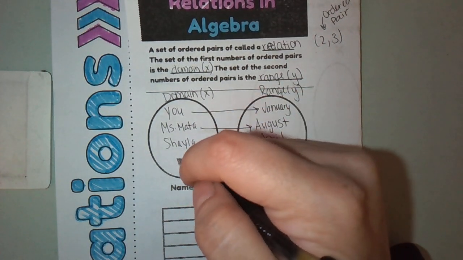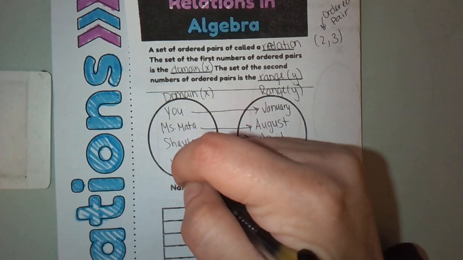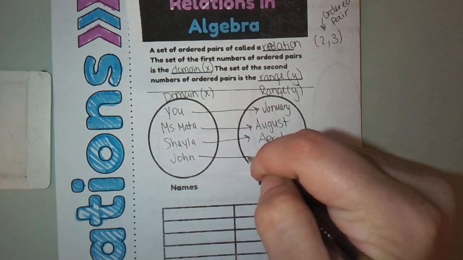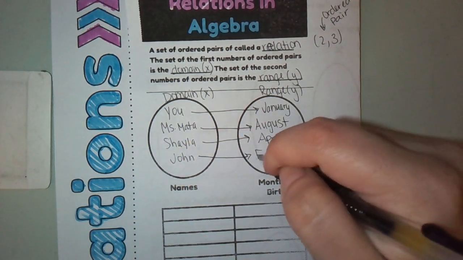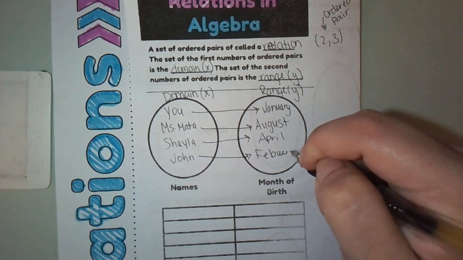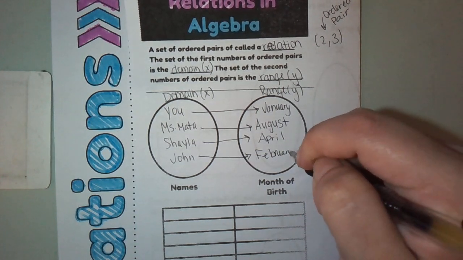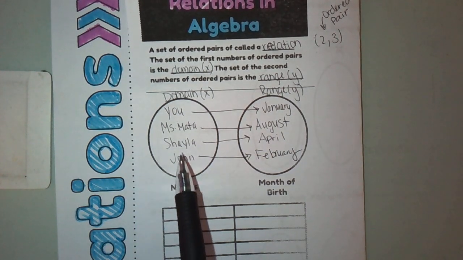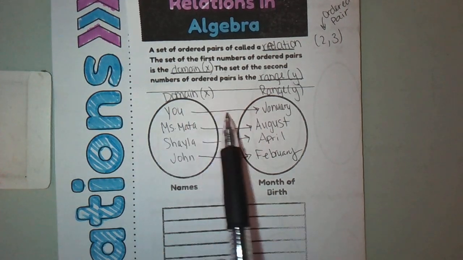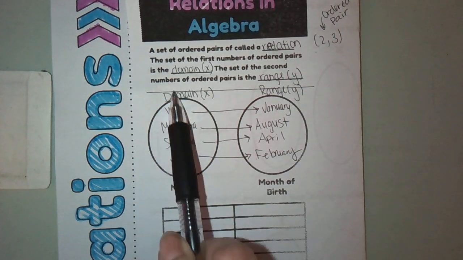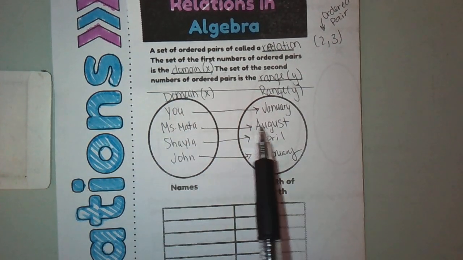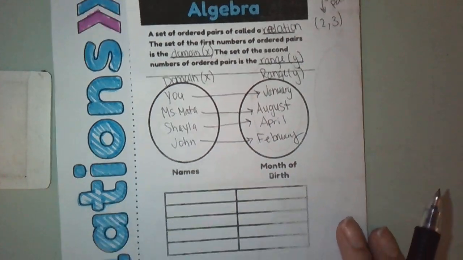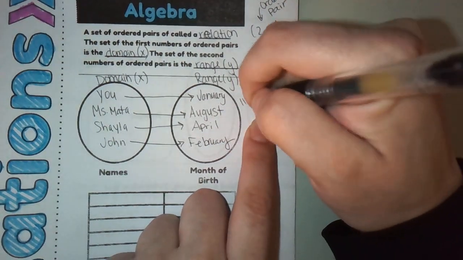And John is born in February. Each domain comes with a range. So if Miss Mata is in the domain, her range would be August. And we're going to go ahead and do this in a couple of ways. This first way was called a mapping.